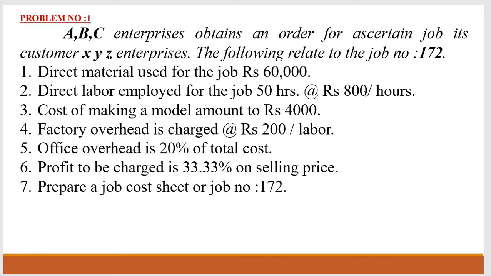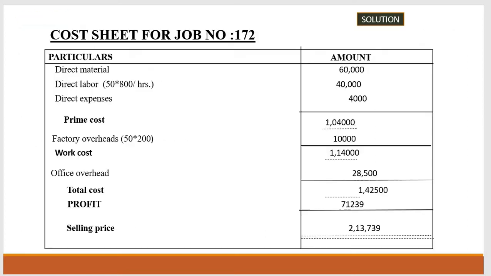So direct labor of 1 hour is 800, and the total hours are 50. So direct labor is 800 into 50 hours, that is 40,000. So direct labor is 40,000.